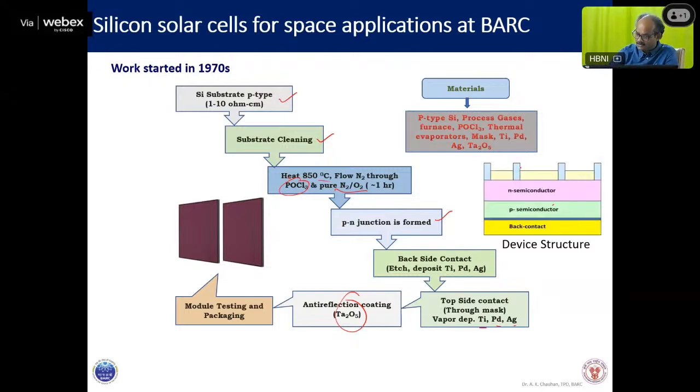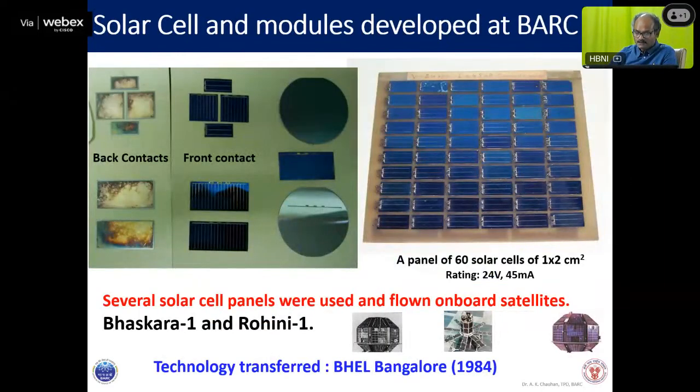So this is just a block diagram. These are the same solar cells. The photographs were taken 4 years ago. These are the solar cells which were developed in 1970 at BARC. And these solar cells were actually used in many of the satellites, many of the experimental things, and some of the onboard satellites, like Bhaskar 1 and Rohini.